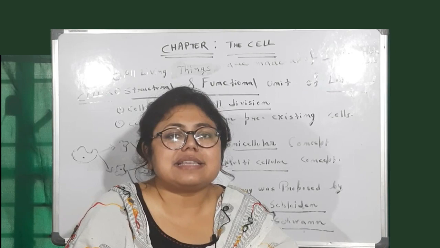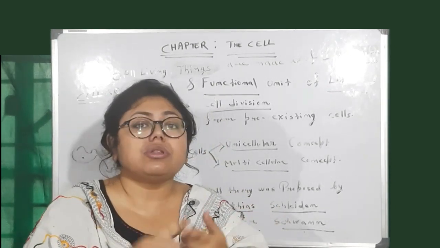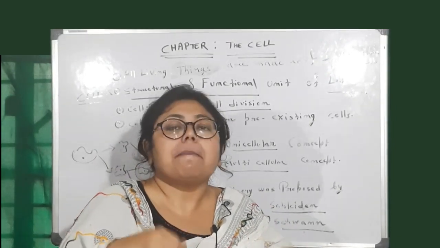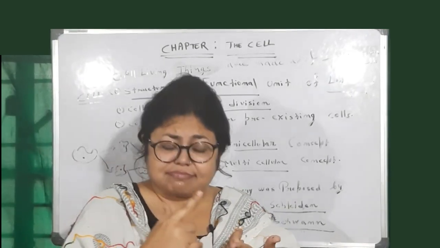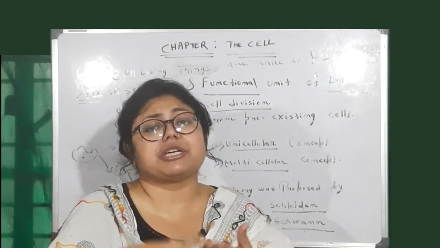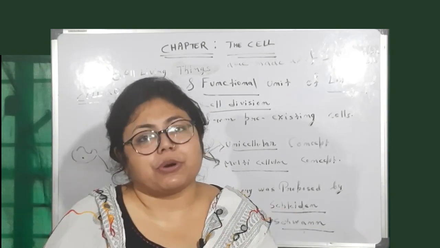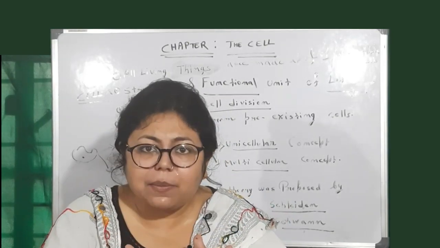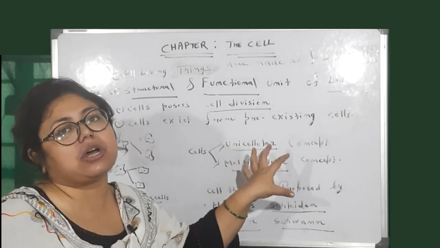All the activities, in the sense of respiration and excretion. Although they do not go for complex activities like human beings, they carry out simple living activities like excretion, respiration, food taking, digestion, and reproduction. So all these things have to be done in a simple way, with one cell performing all the activities of life.